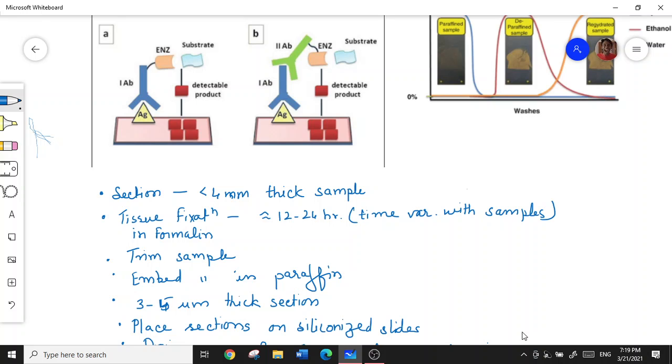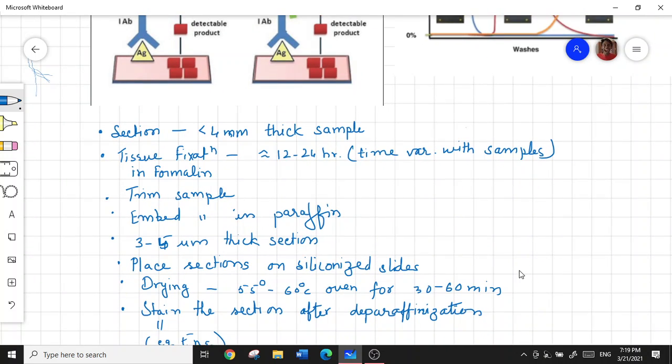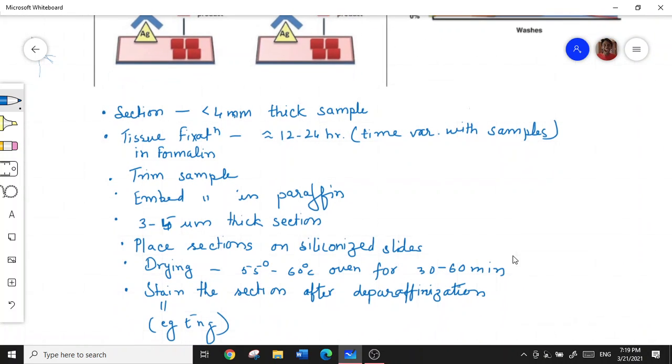Then this section will be placed on siliconized slides. It is dried at 55 to 60 degrees centigrade in an oven for around half an hour to 1 hour.